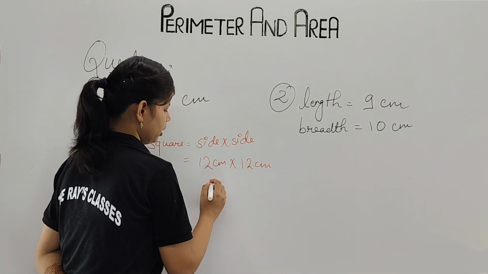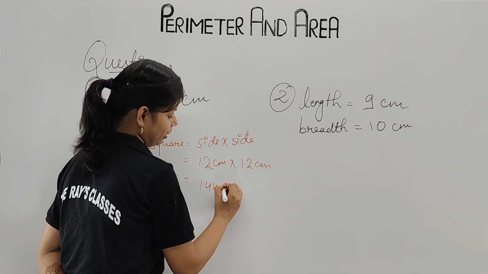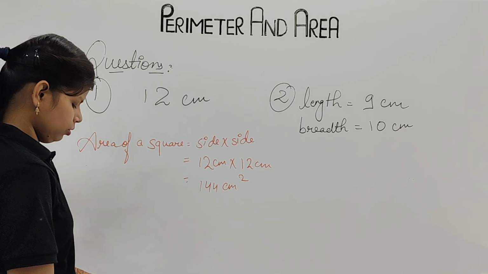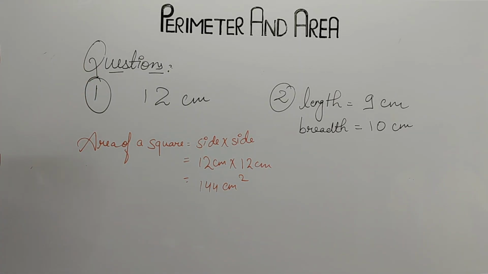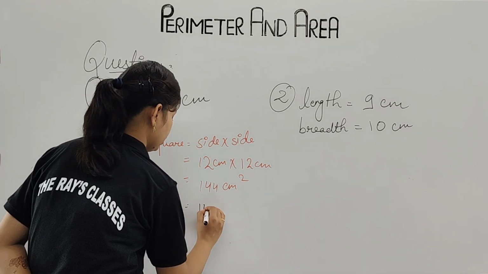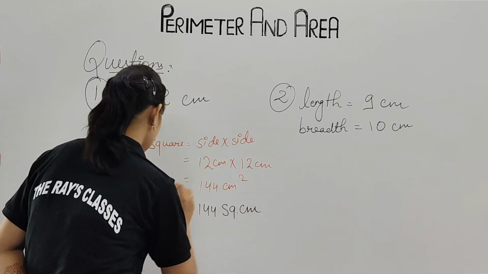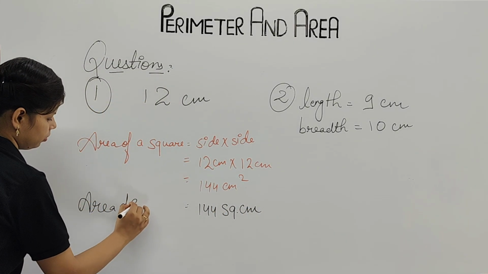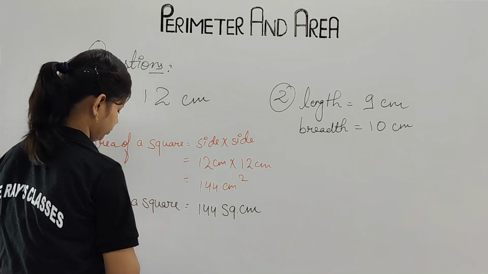That means 12 into 12, what are you going to get? 144 centimeter square. Or you can also write it like this, 144 square centimeter is your area of the square. Clear?